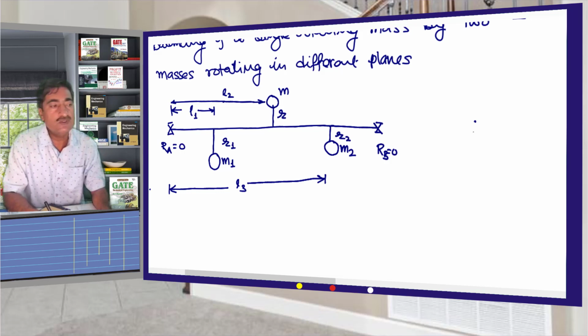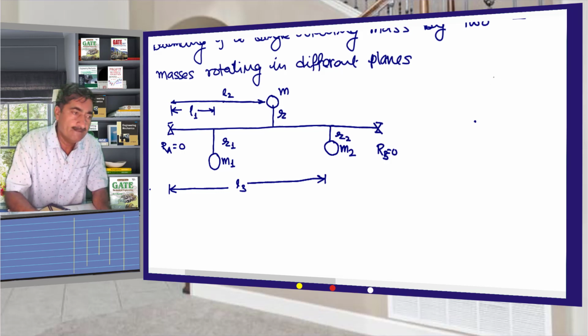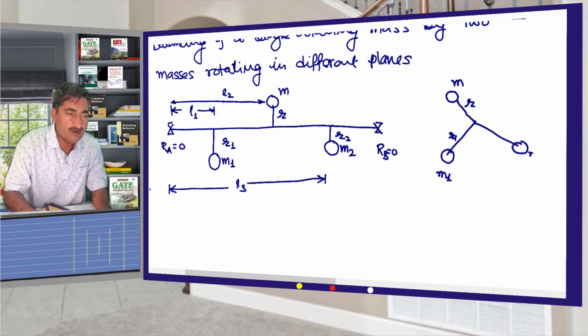The angular position of masses: this is M, R, and the other masses M1, R1, M2, and this is R2.